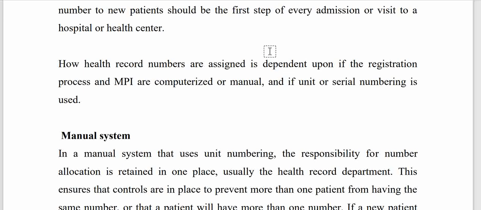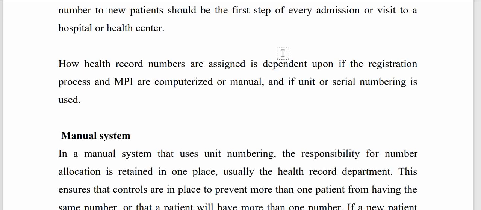And also if you're using a unit numbering system or a serial numbering system. So you need to understand which system you are using. Are you using serial or are you using unit numbering system? Two, what advanced system do you have? Is your system computerized or do you use a manual system?